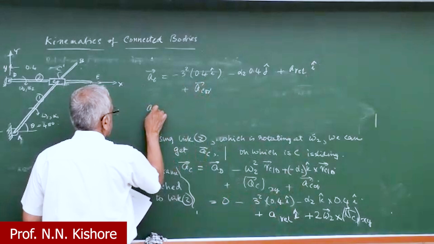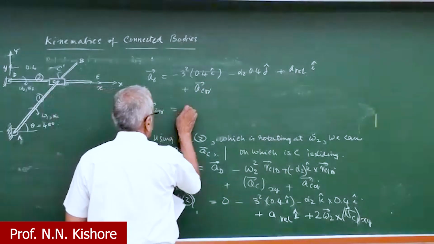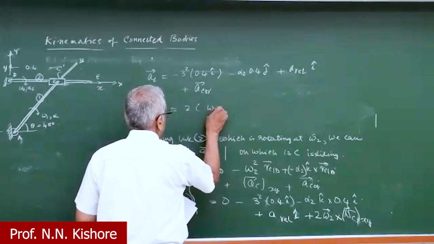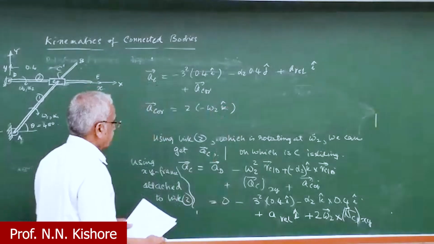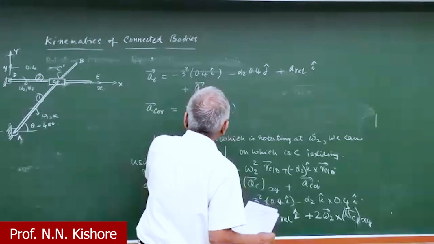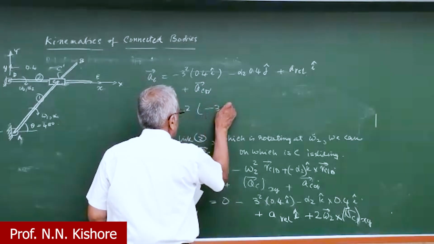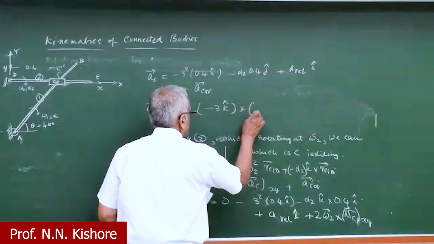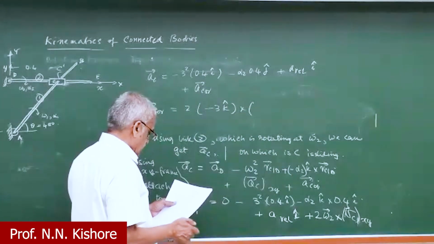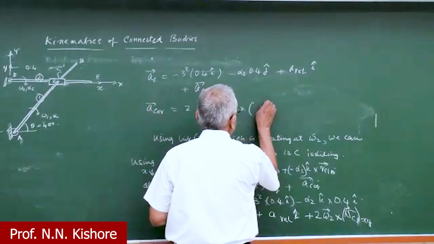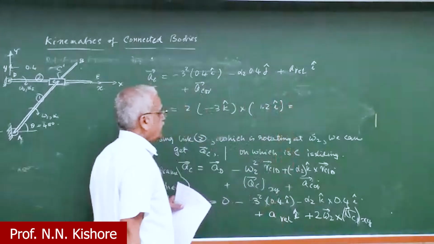Let me write, simplify it separately. Coriolis is what? 2 omega 2, given to be, shall I put it here? What omega 2 is? Omega 2 turned out to be minus 3K cross, what is the velocity? So the relative velocity was 1.2 meters per second, right?